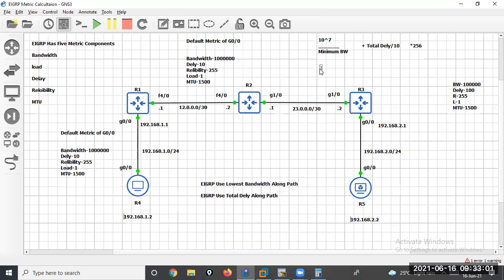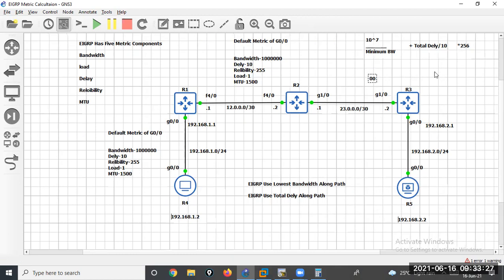This is the 100. So 10 to the power of 7 by minimum bandwidth equals 100, and now total delay by 10.